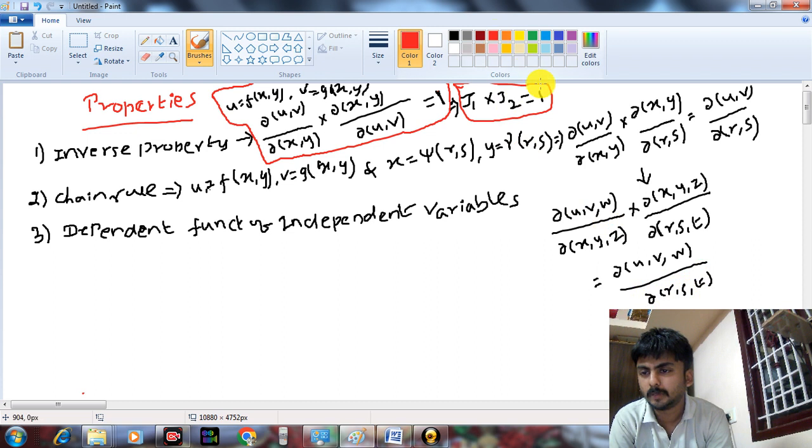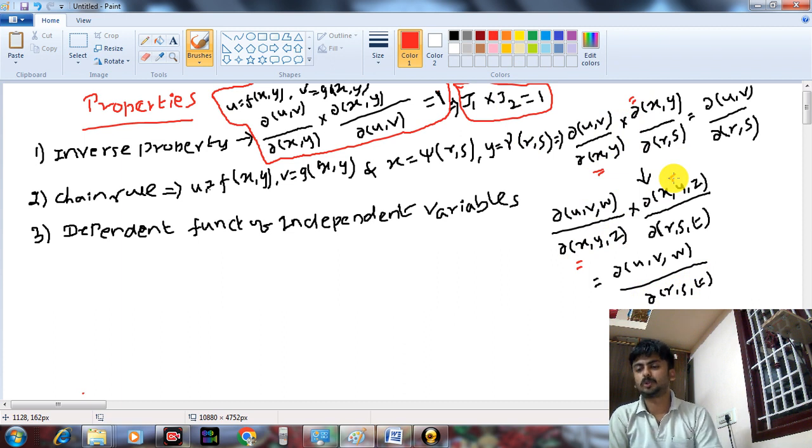We have to imagine that these x, y and these x, y get cancelled, and these x, y, z and these x, y, z get cancelled. But actually we will not cancel those two terms, because they are operations.